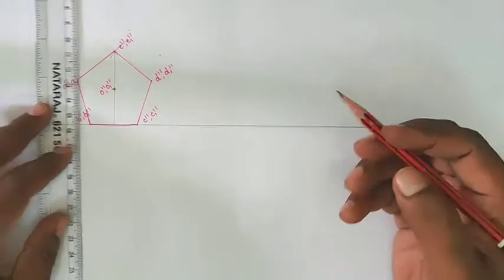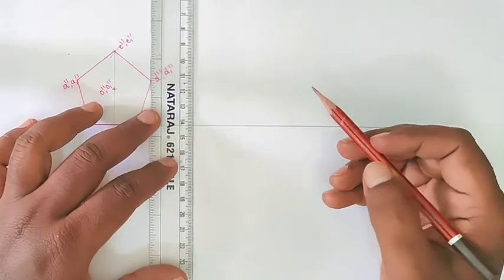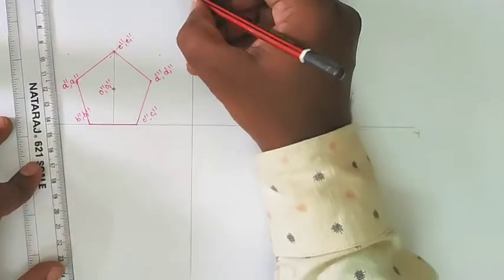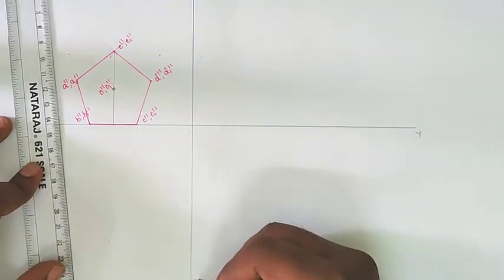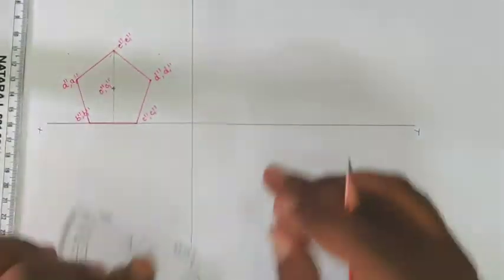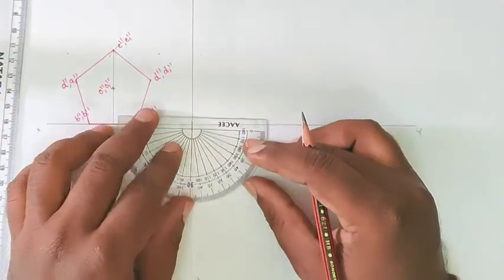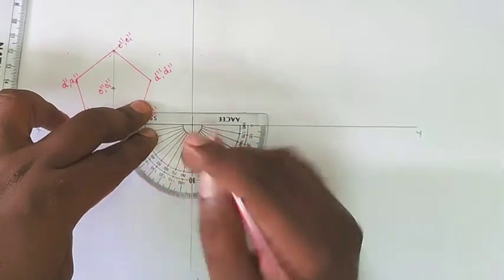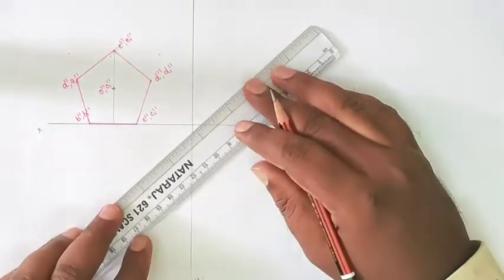Now after drawing the side view, draw another reference line. Take some distance and draw another reference line, the x1 y1 line. After drawing it, from the intersecting point of xy and x1 y1, I will draw the mitre line with an angle of 45 degrees.